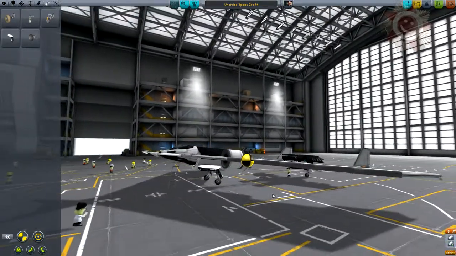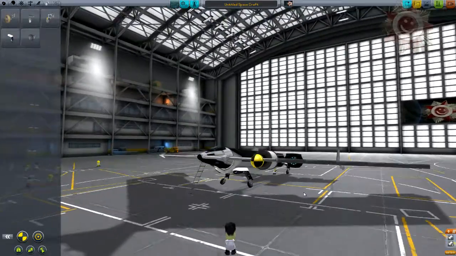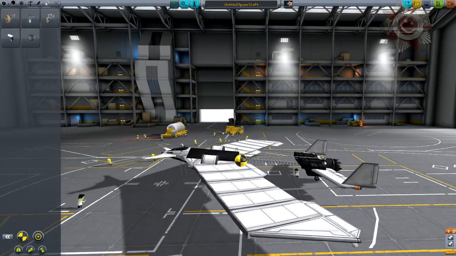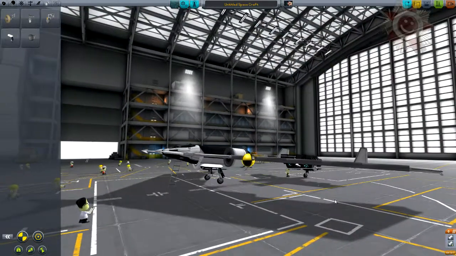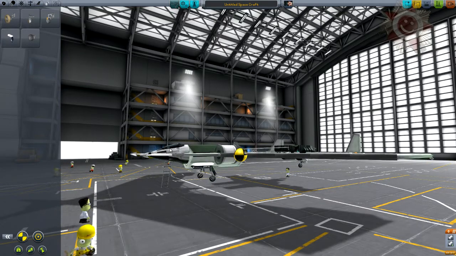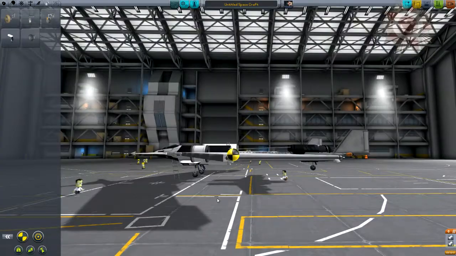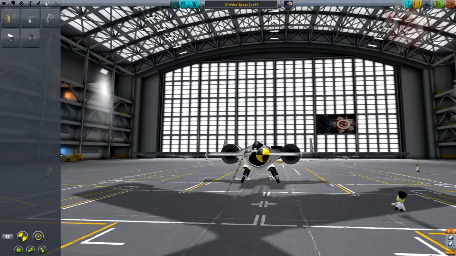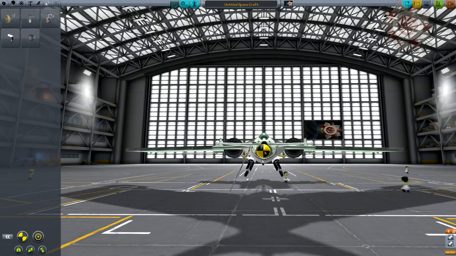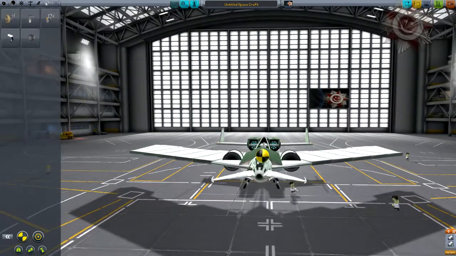But this can cause problems because we have lift here in the back, and when we gather speed, the tail will lift off first, and so the plane will run like this, with only two wheels touching the runway.